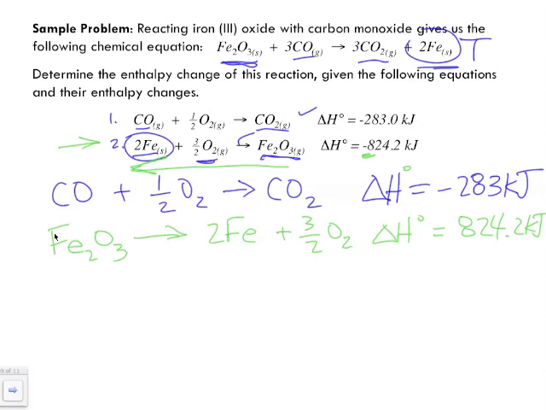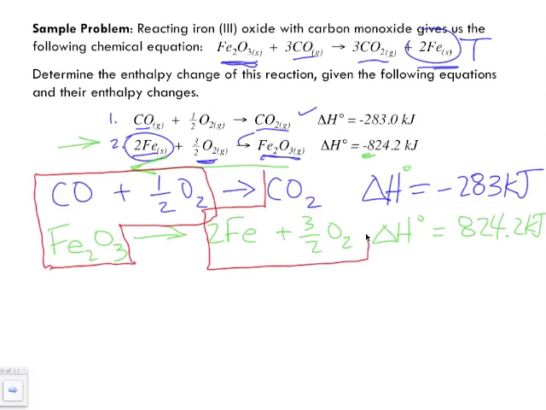Now, let's look at it. Let's look at our products, sorry, at our reactants. So we've got Fe, and we've got CO and oxygen. Those are our products, right? Look at it. And these here are our reactants. These are our products.